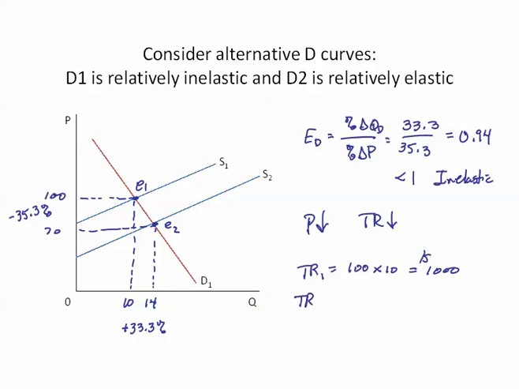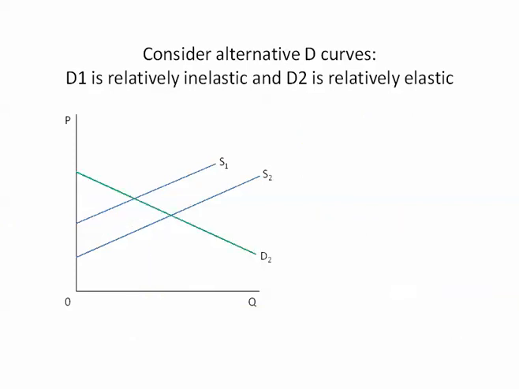And total revenue 2 now is equal to the $70 price times 14 units, or $980. That is a $20 loss. Not a good idea if I were making that price drop. But again, I'm subject to the market here, so there's not a whole lot I can do.